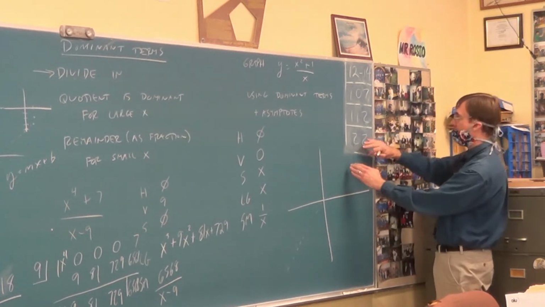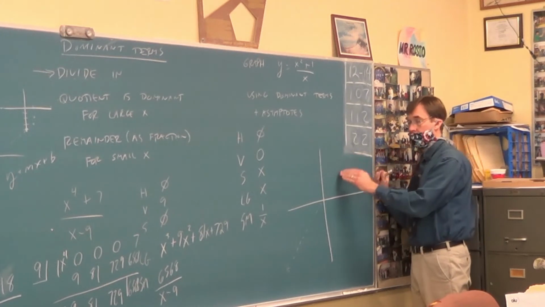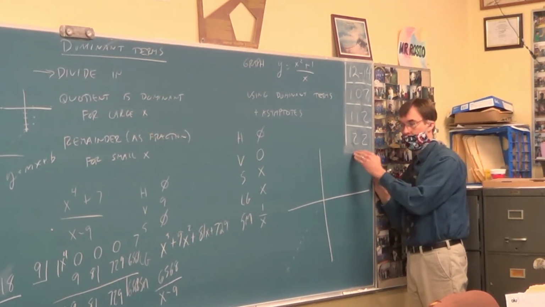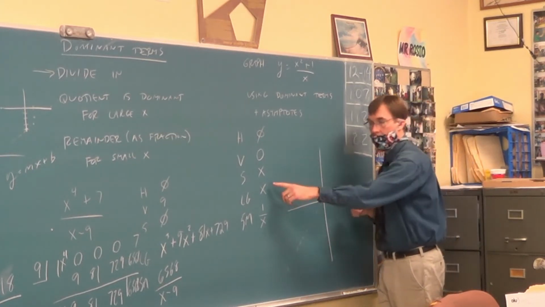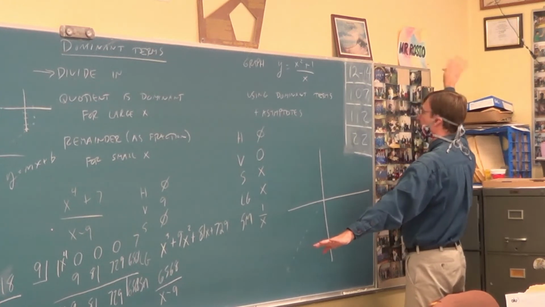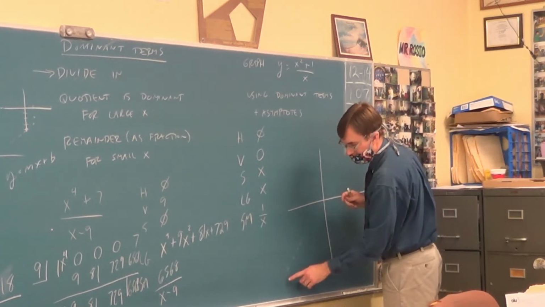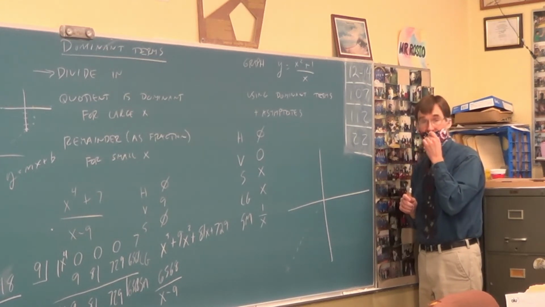But if we go out and out and out, the graph we're about to graph is going to get closer and closer to that asymptote to a point where it might as well just be on it. That's going to happen to the large dominant terms when you go to the extremes, way to the right end, way to the left end. Those are targets we want to be getting near but not touch, if that makes sense.